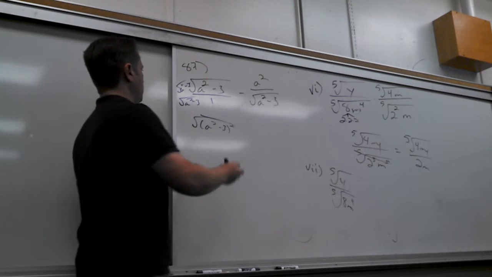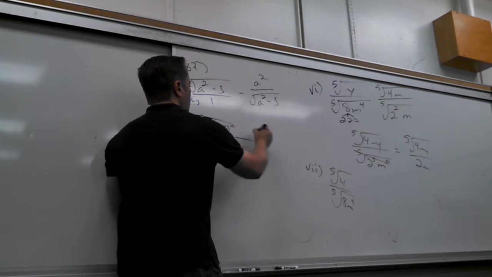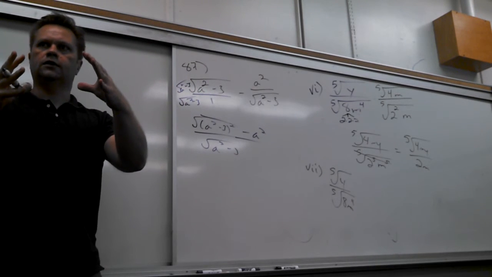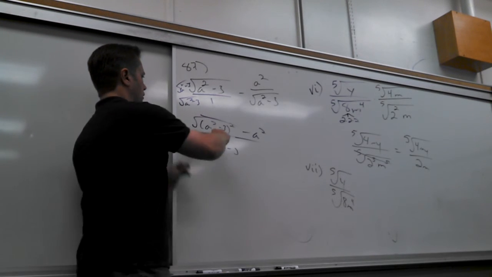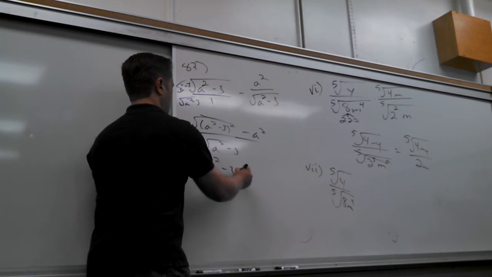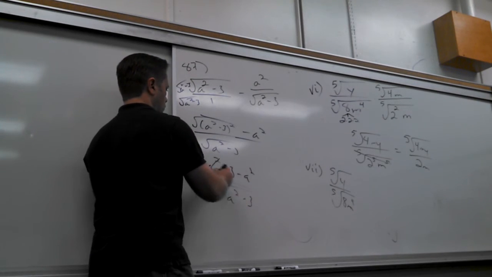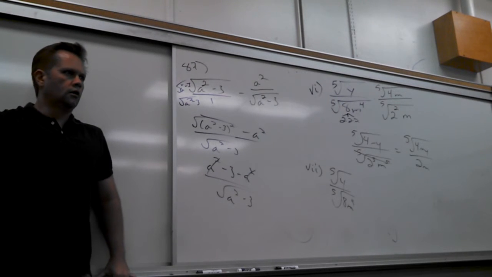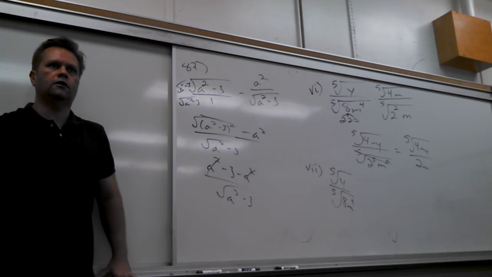Over the square root of a squared minus 3 minus a squared over the same, so I can go ahead and combine them now because they have an LCD. Then on top I get a squared minus 3 minus a squared. So what happens there? A squared cancels and I get negative 3 over that, which you could rationalize, but they don't really ask you to, so you can stop there.